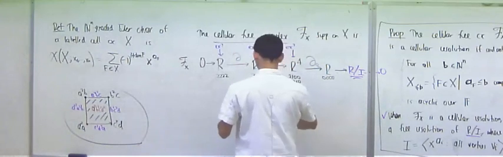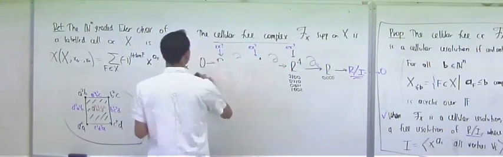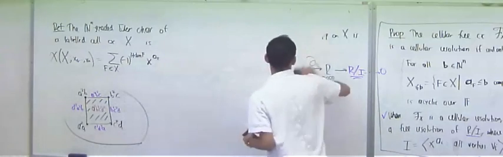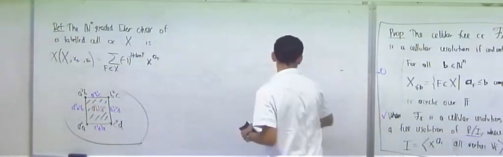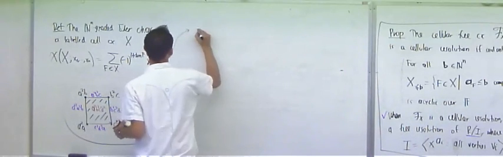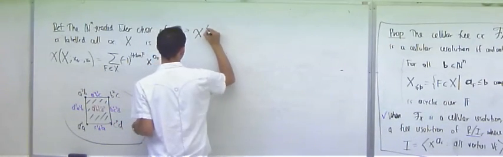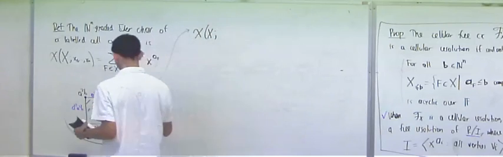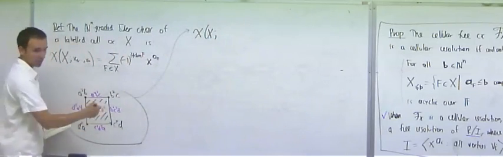So again, I think this is clearest if I do it in an example. So for this guy, the Euler characteristic is graded by the variables that I used.